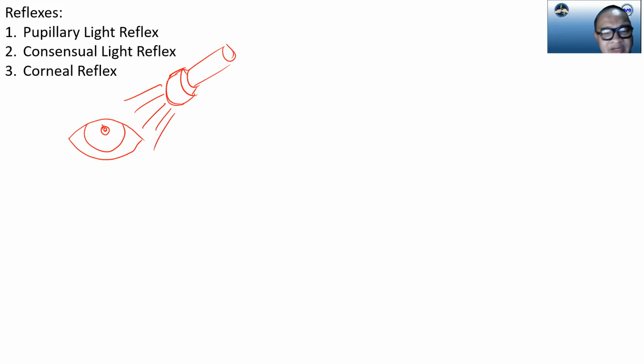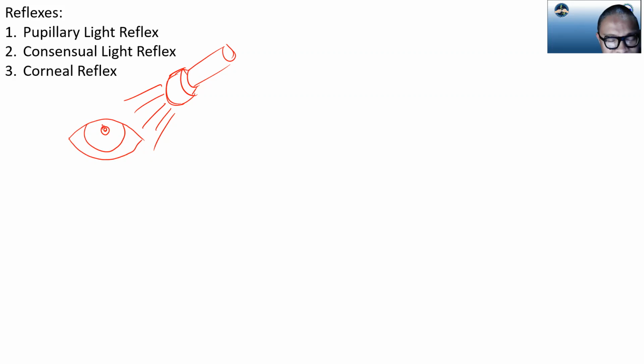Okay, so we have discussed the reflex arc before. If you have missed that, you better go back and read or listen to the discussion on reflexes and the reflex arc.